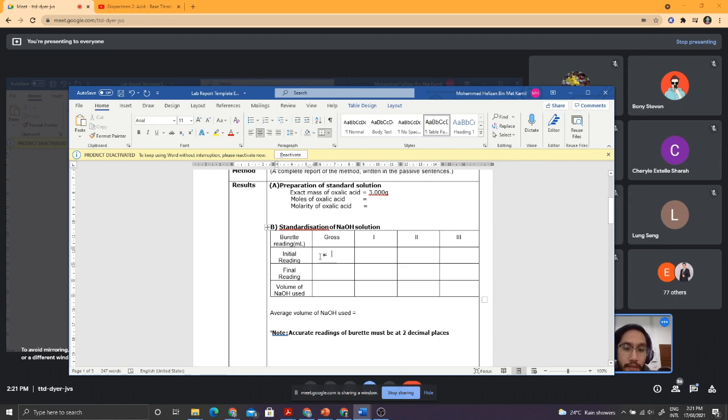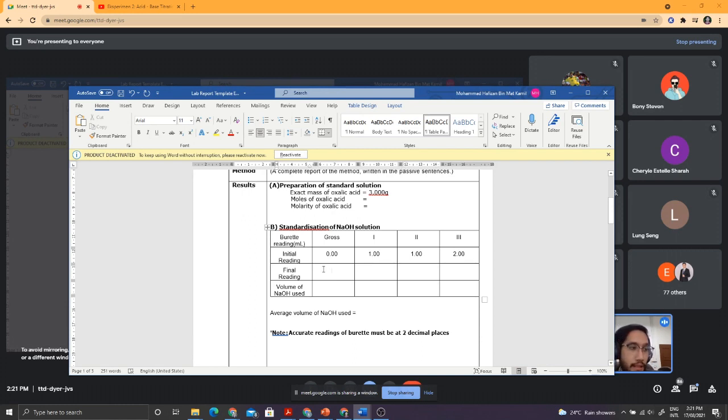For the readings, you can note these down. For the gross, we start with 0.00, and for the first actual reading, we start with 0.00 ml, the second one 1.00, and the third one is 2.00. When writing burette data, it is very critical to write 2 decimal places, which is 3 significant figures, because we can read the burette accurately to 0.00.